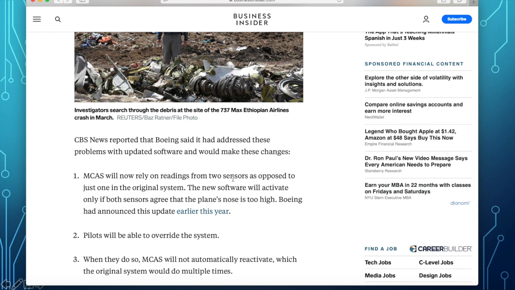It doesn't rely on one sensor. The two sensors should agree about the position of the aircraft in the sky. So it will activate only if both sensors agree that the plane's nose is too high. Okay? So there must be two, and this will be an upgrade. Okay? Excuse me. But I think the best fix here is that the pilot will be able to override the system.